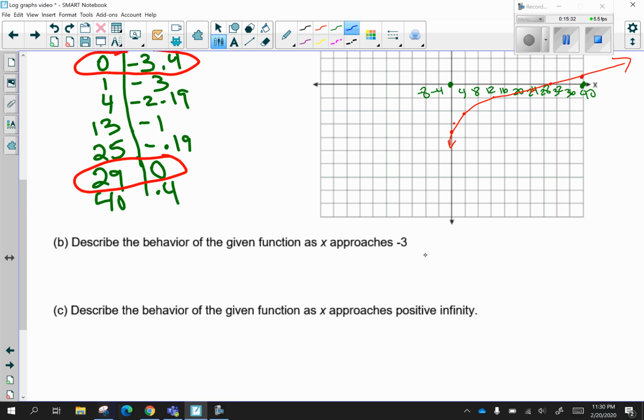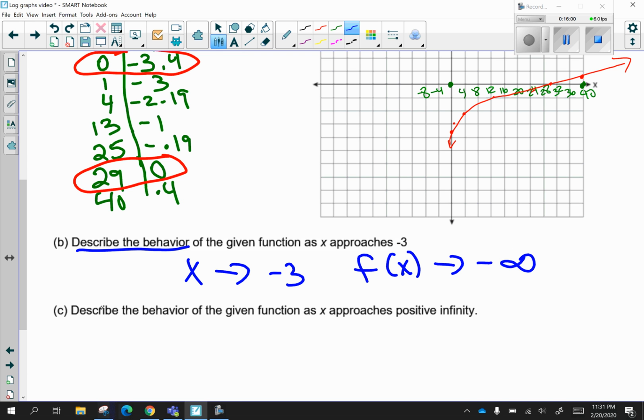Here my vertical asymptote is x equals -3. So the behavior is our function goes close to -3 but never touches it. So as x approaches -3, we know the function f of x is actually going down to -infinity.